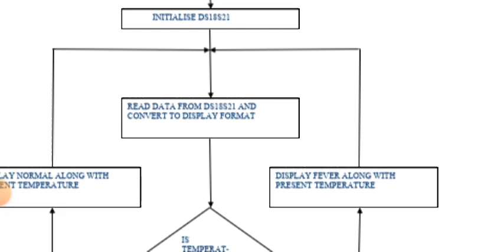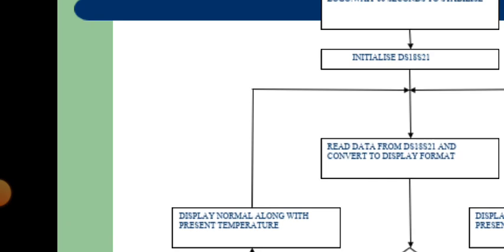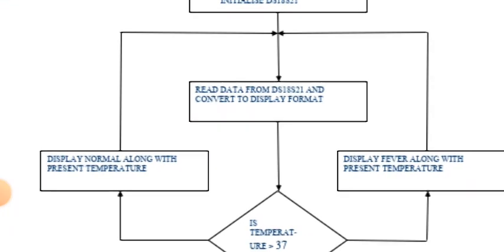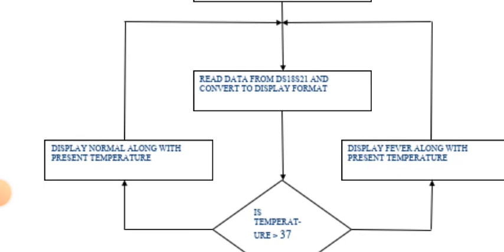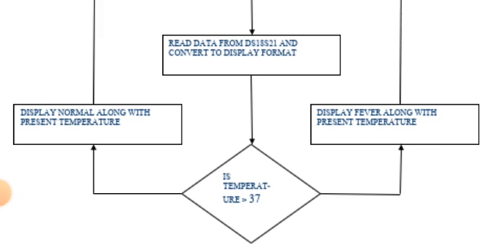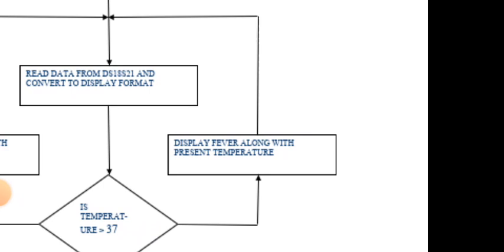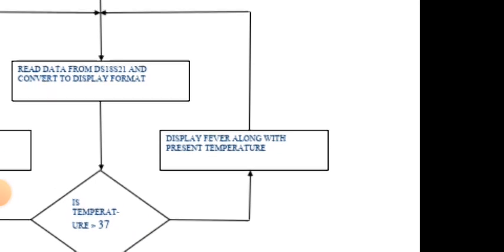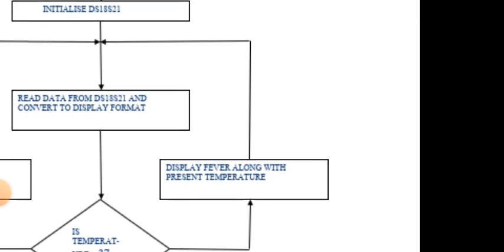So we proceed down here where we shall read data from it and then convert whatever we've read into a displayable format. If the result that we've received exceeds 37, let's say it's 40 or anything, we take this route that you're seeing on your screen and then display that you have a fever alongside someone's temperature.